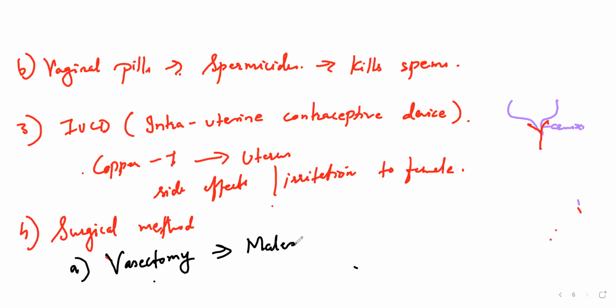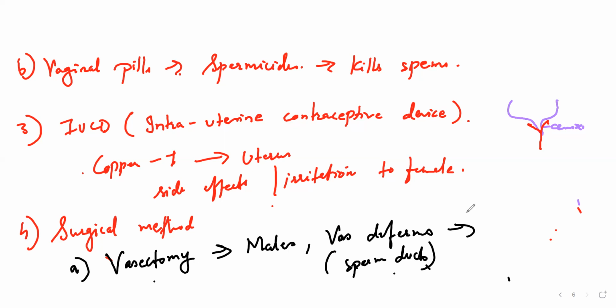There is a part in males called the vas deferens, which is basically referred to as the sperm duct, which stores the sperm. Here the vas deferens is cut and tied. When the sperm duct is cut and tied at the ends, sperms will not come out, so obviously there are no chances of fertilization. But again, as I told you, this is a permanent method.